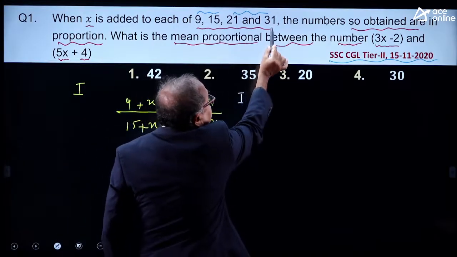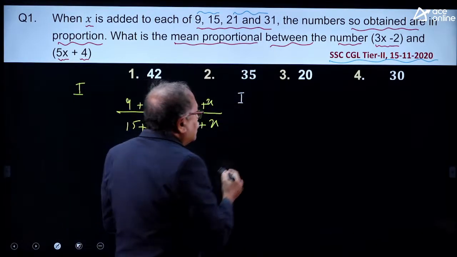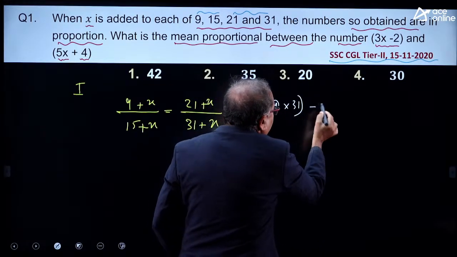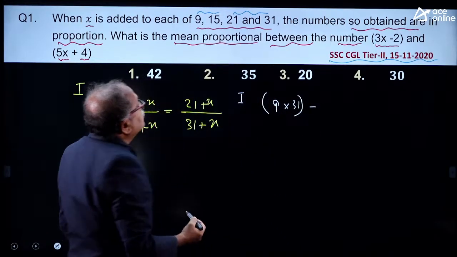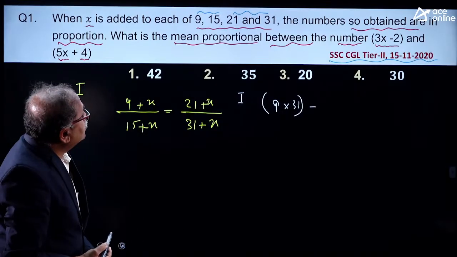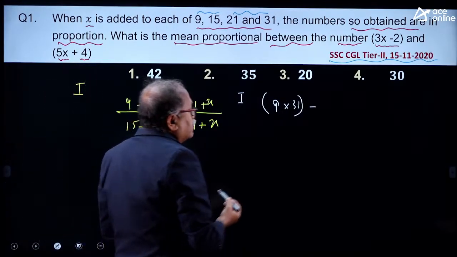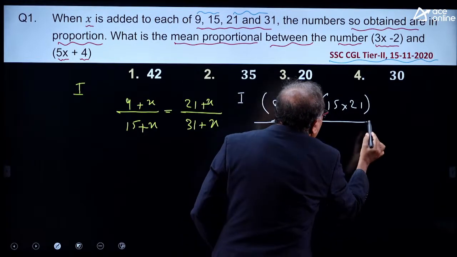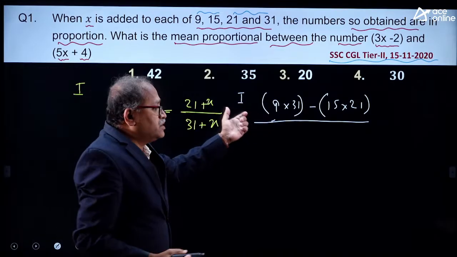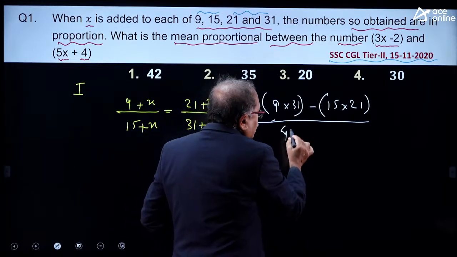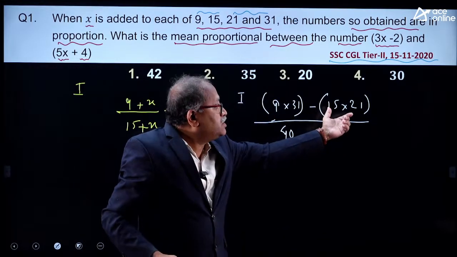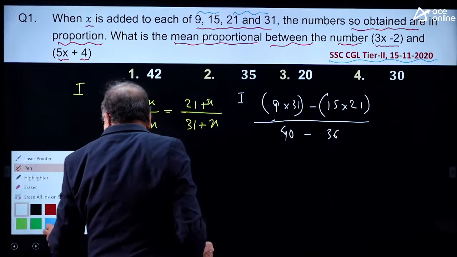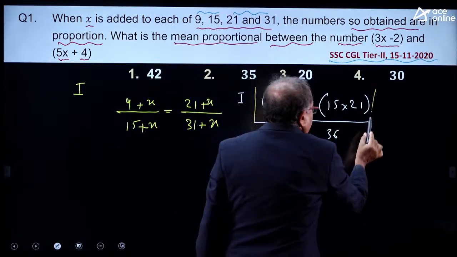The extremes, 9 into 31, minus the means, 15 into 21, divided by the sum of 9 and 31, which is 40, minus the sum of these two, 36, and this is mod. This is another way to answer the question.